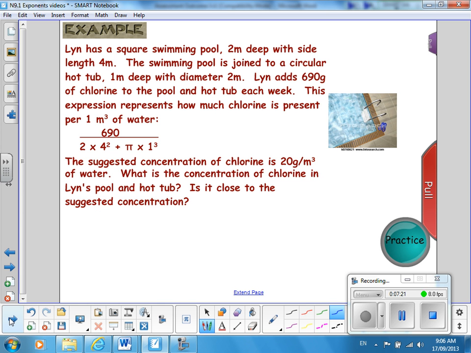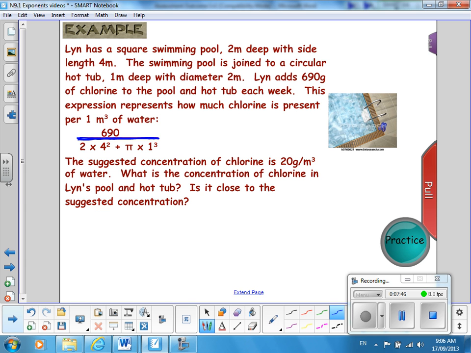So in order to figure that out, we have to simplify her expression. Now, one of the things to keep in mind: when you have a fraction bar, that fraction bar indicates division. It's 690 divided by everything that's in the denominator.